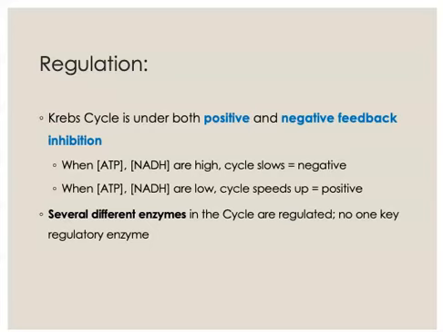Just as we saw in pyruvate processing, the Krebs cycle is under both positive and negative feedback. That means when products are high, and that includes ATP and NADH, the cycle is going to slow down. That's the negative feedback. When products are low, ATP and NADH, the cycle will speed up. That's the positive feedback.